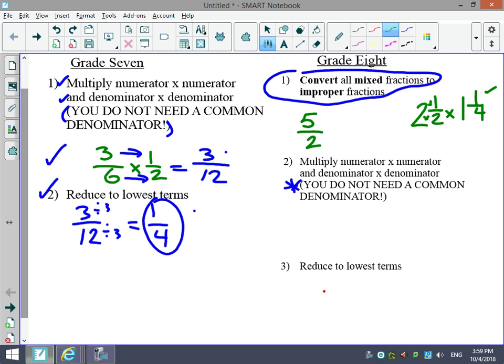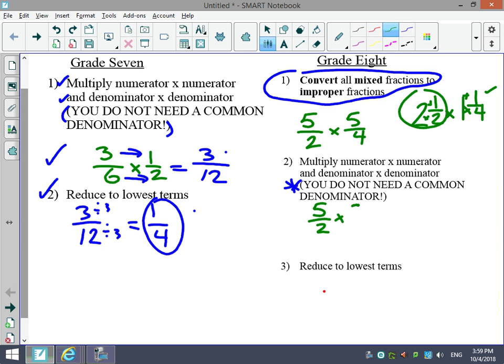So that fraction here is 5/2. And you do the same for 1 1/4. 4 times 1 is 4, plus 1 is 5, so that's 5/4. That is your new question. It's not a new question, that's the mixed numbers as improper. Anyhow, I'll put it down here just so we have a little more room.